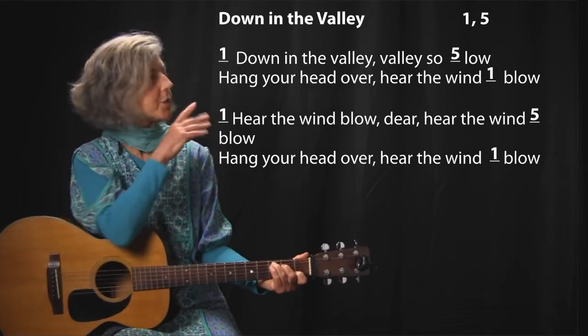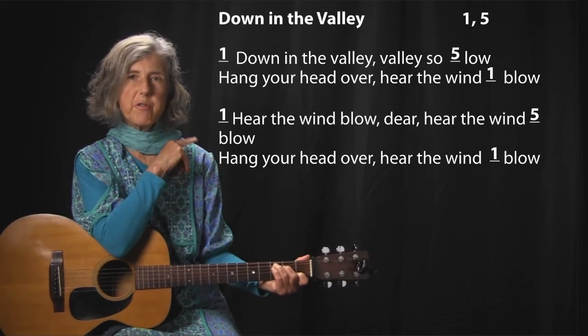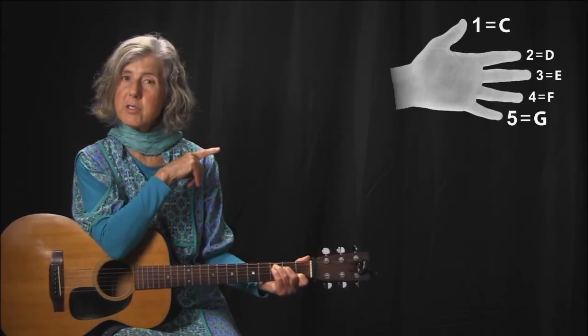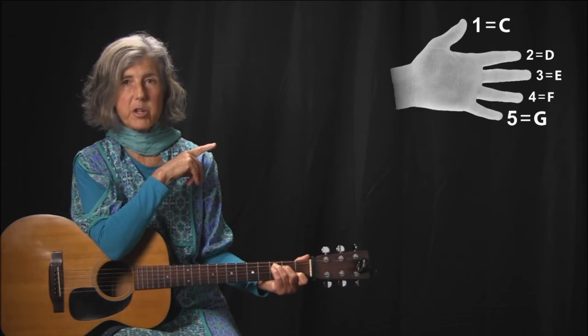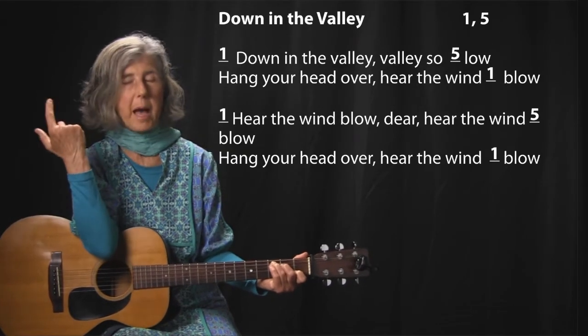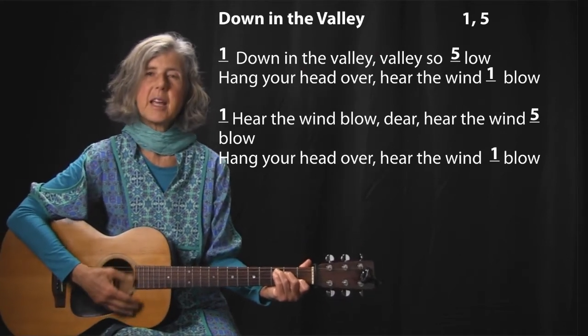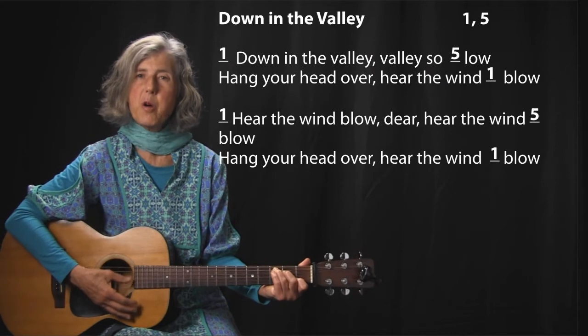When you see a 5, that means you're going to change to your 5 chord. If we're in the key of C, our 5 chord is a G. And then when you see the 1, we're going to go back to our C chord. Boom, chop, chop, waltz.